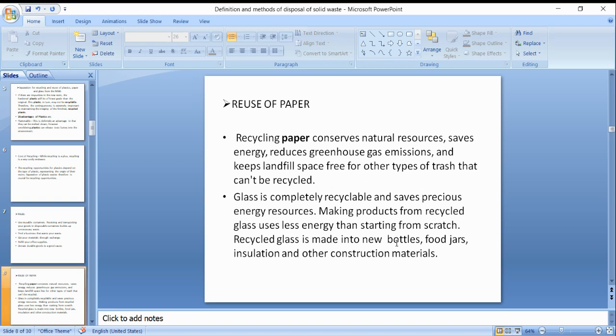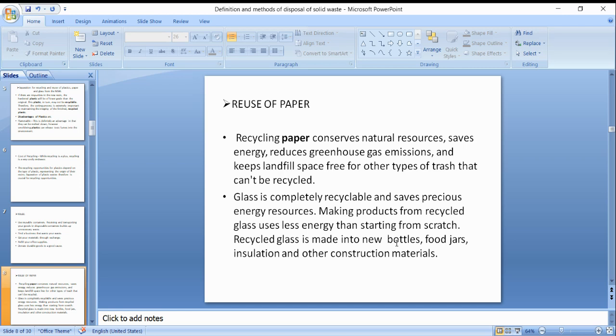Reuse of paper. In the paper, what we will do is, paper recycling conserves natural resources and saves energy. So it reduces the greenhouse effect and reduces the cutting of trees. So the papers can be recycled also, and it keeps landfill space free from other types of trash that can be recycled.